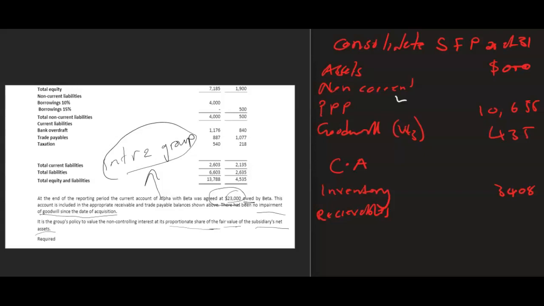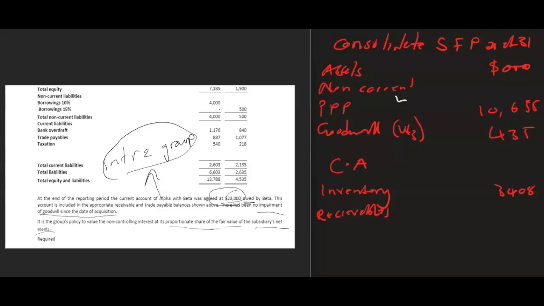So since company A and company B, alpha and beta, are one company, it's like you are getting from one branch to the other. Do you have any difference in terms of, do you have an addition or a reduction in the total amount? No, because it's still the same company. It's like if it was a person, you're getting from one pocket to the other, but still on you. So that one doesn't change.